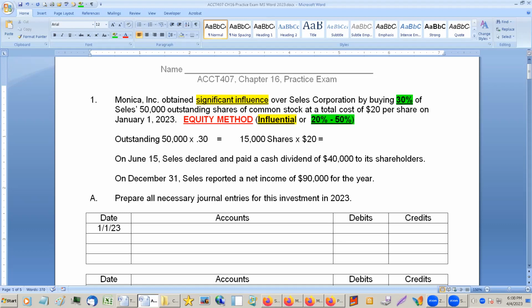And Mr. Calculator. $300,000. Should have been able to do that.